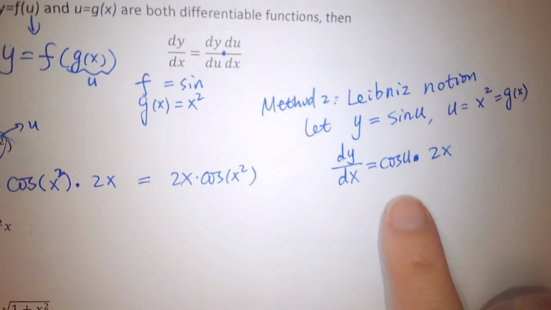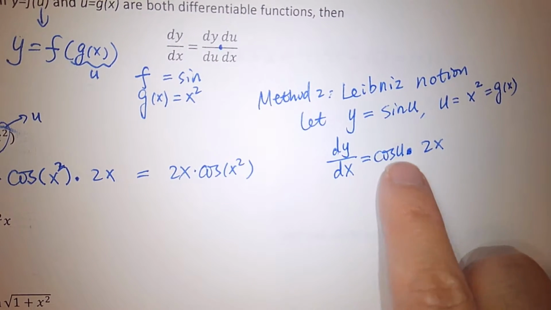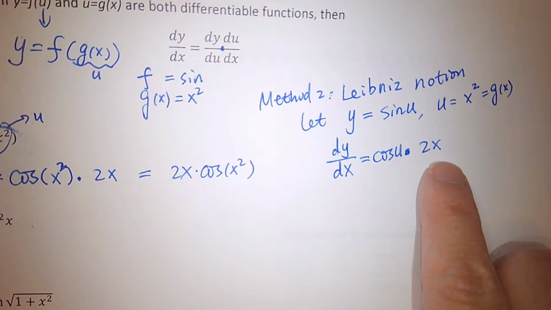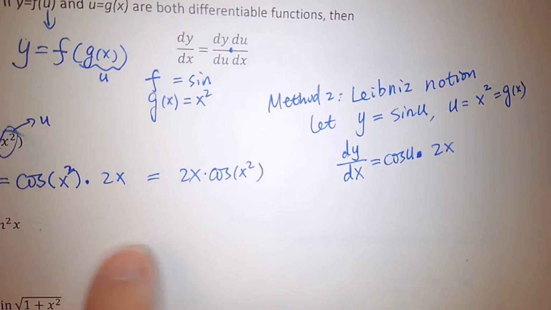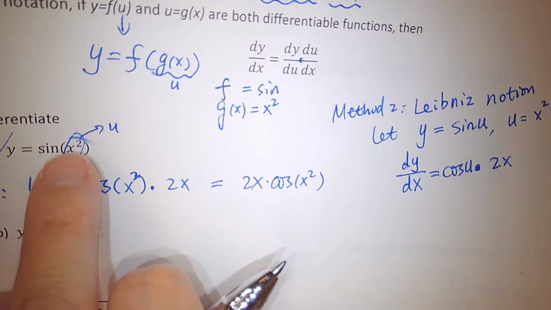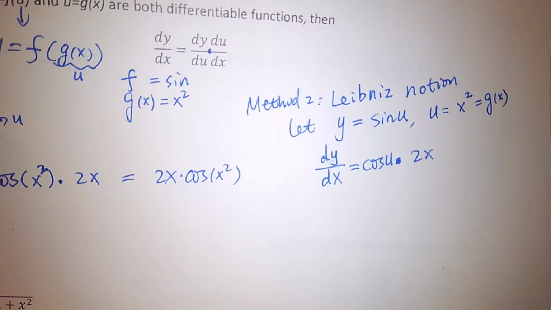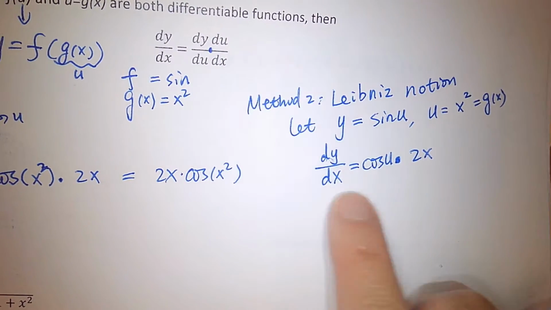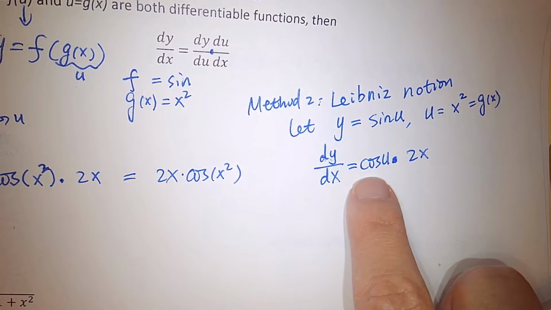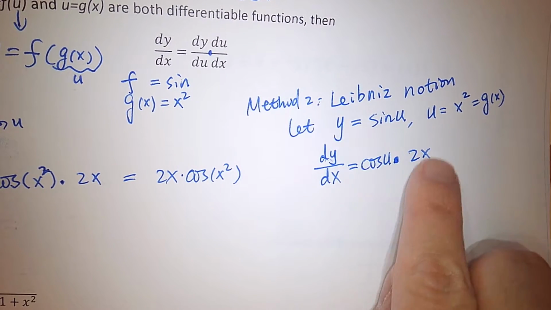But can we say our answer is cosine u times 2x? Can we say that? No. Because this is a function of y with respect to x, so the derivative of y with respect to x must be a function of x only.